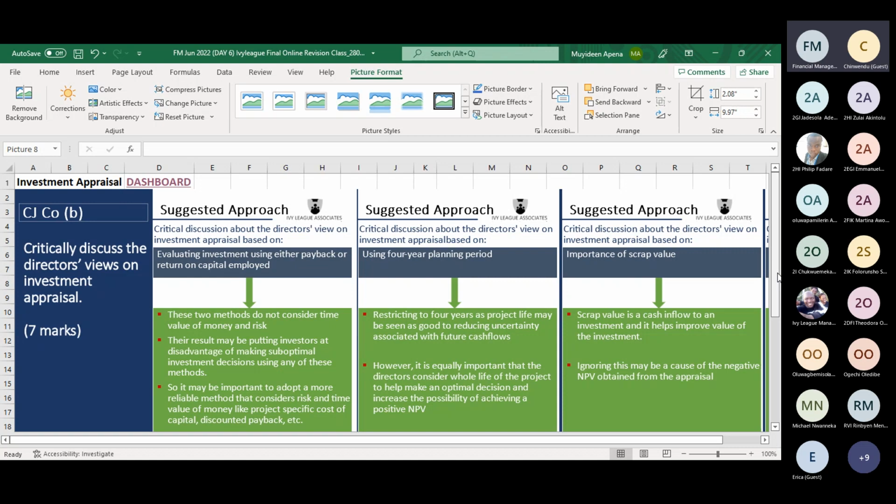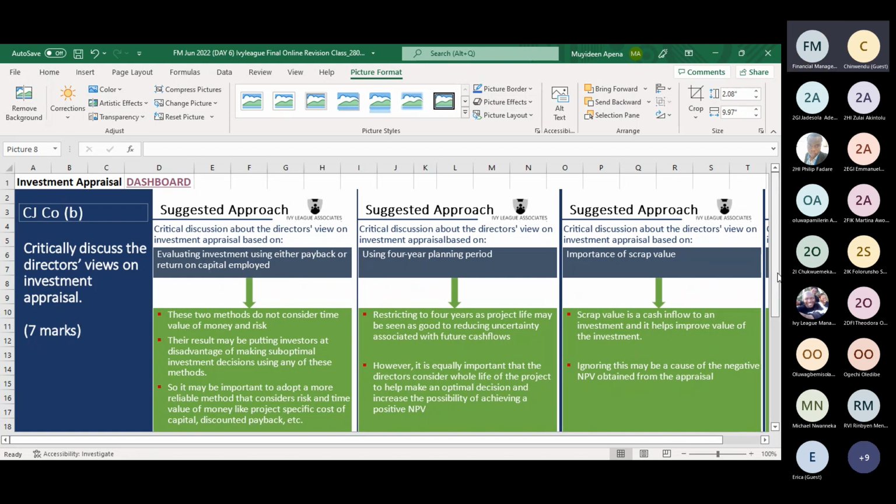Because there will always be risk associated with a project, and if those risks are not considered, then what happens? Investors will be misled by you saying that that project should be accepted, whereas if risk is considered, it is likely that that project should not be undertaken at all. So it could be misleading in that way.